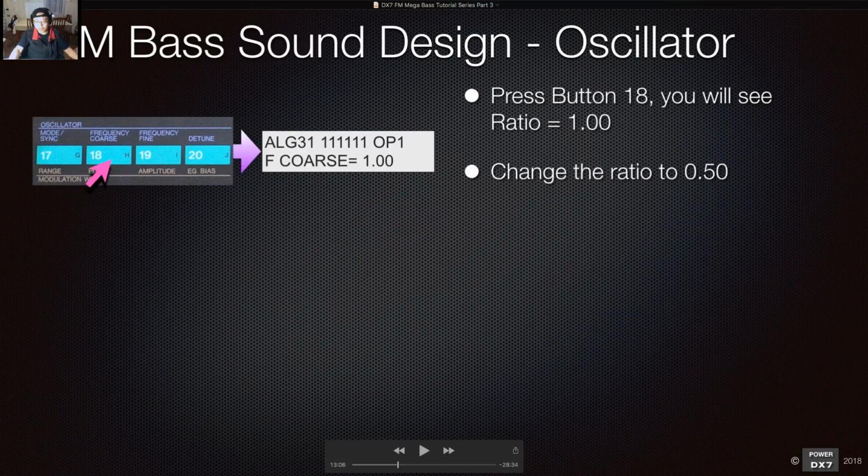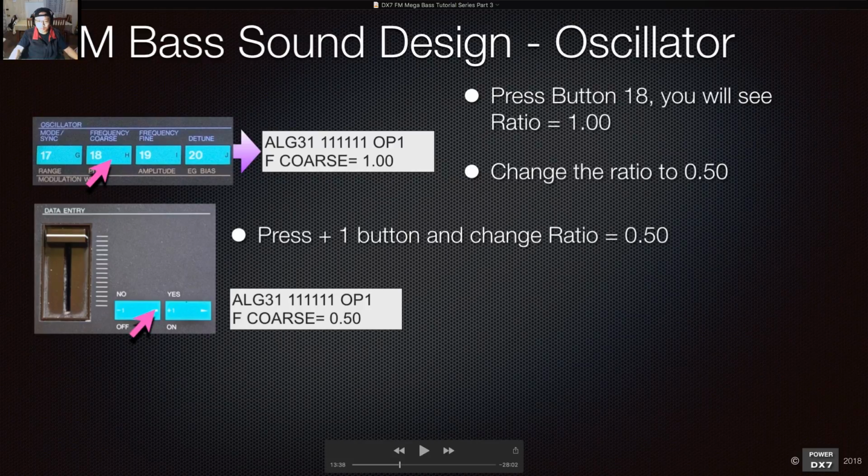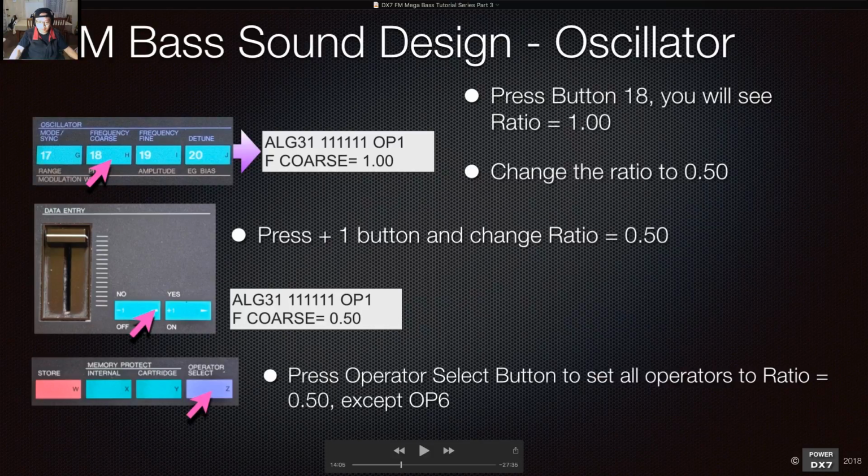That's how ratio works. Press button 18 and change the ratio to 0.50. Okay. And press the operator select button to set all operators to ratio 0.50 except operator 6, because operator 6 is going to be the key to make it a square sub bass.